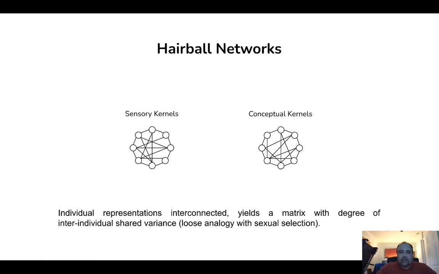So our hairball networks, again, are individual representations that are interconnected. They yield a matrix with a degree of inter-individual shared variance. So this is almost like sexual selection or reproductive selection, in terms of seeing which ones are better than others, which ones are more connected than others.